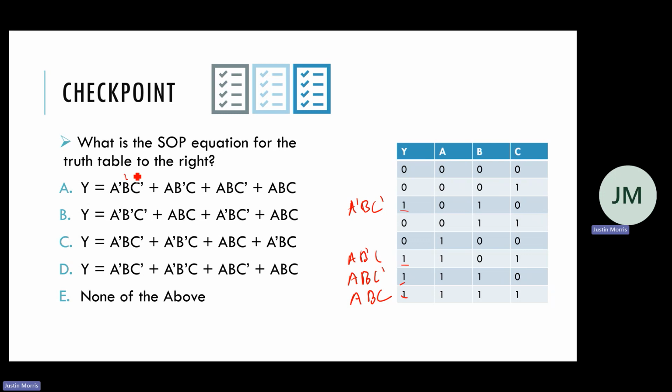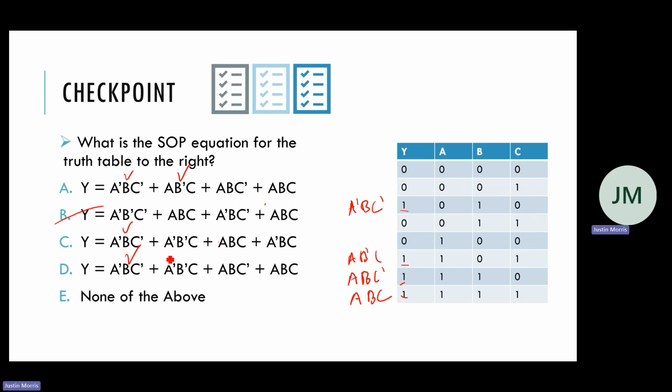So I see A, B, A naught, B, C naught. This one has an extra one, so we can eliminate this. This has A naught, B, C naught. This one has it, so I can look at the next one. A, B naught, C, we have it.